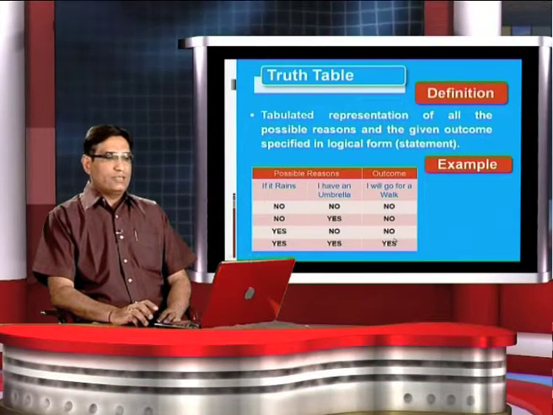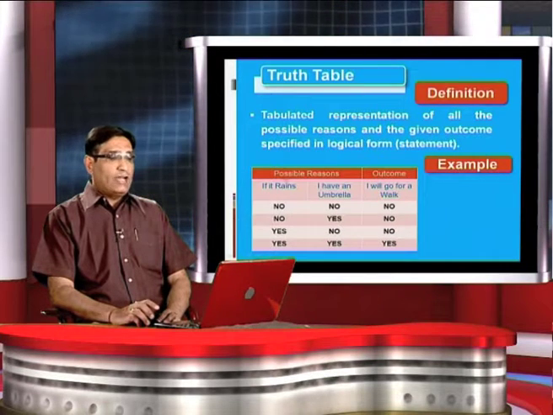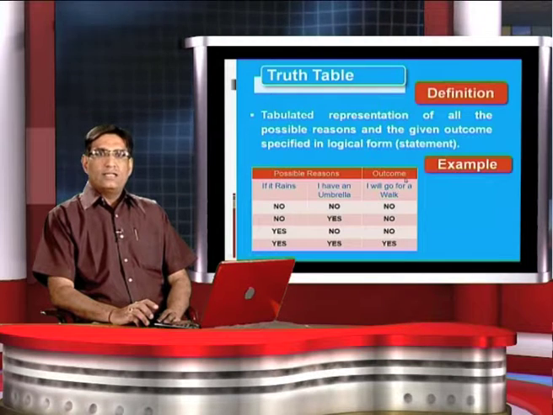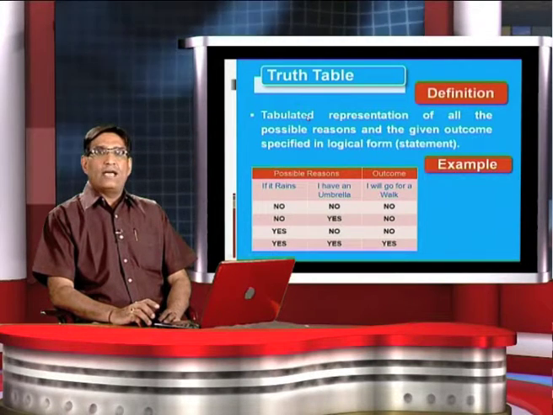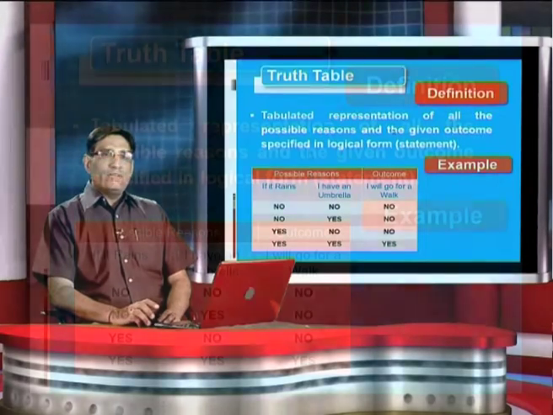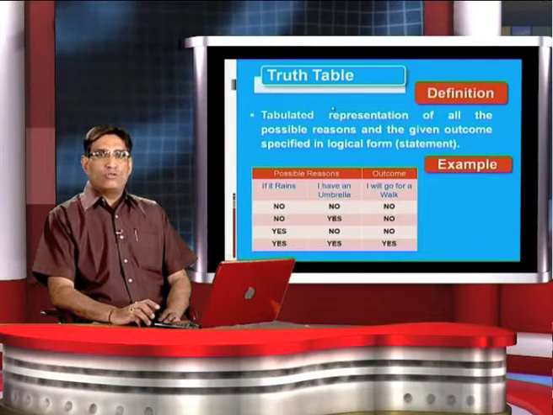So, here we consider that for given circumstances I have an outcome, and this is nothing but a logic representation. So, we say that if in a logic we define all the possible reasons for an outcome, then it is termed a truth table, or in other words, a tabulated representation of all the possible reasons and the given outcome specified in logical form, that is a statement, is termed a truth table.